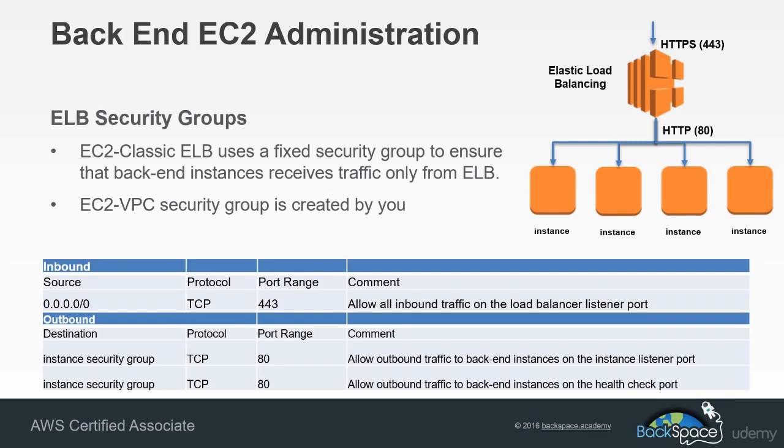And then on our outbound, we allow outbound traffic to our back-end instances on that instance listener port, which is port 80. We also allow it back to our health check port. I've got that down there as 80, but it could be any port that you select for your pings or whatever you're using for a health check.